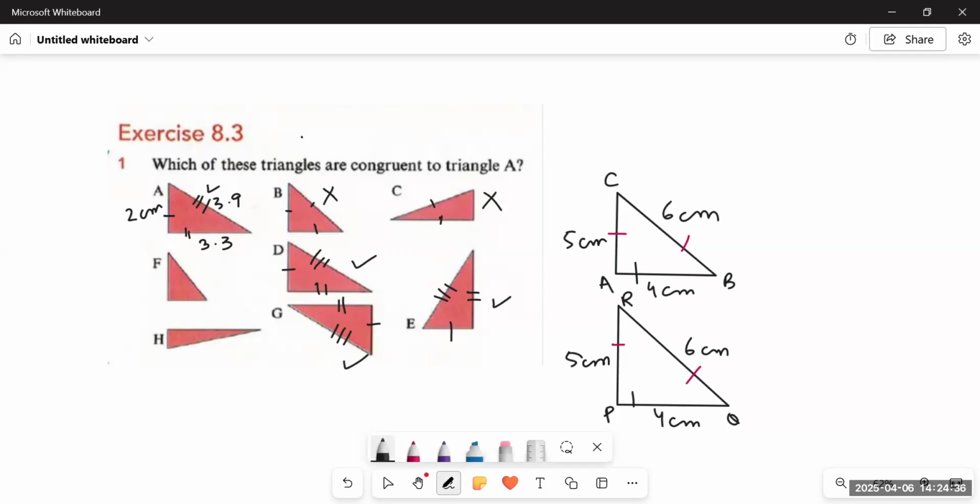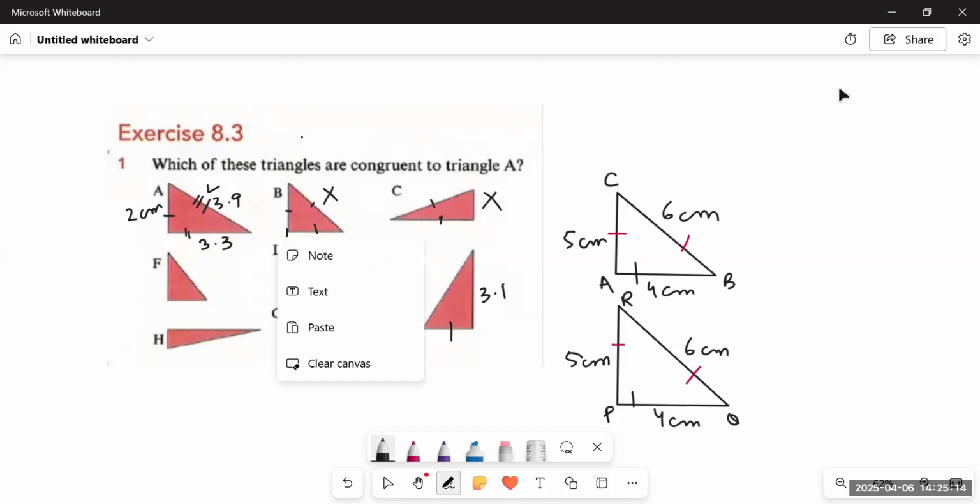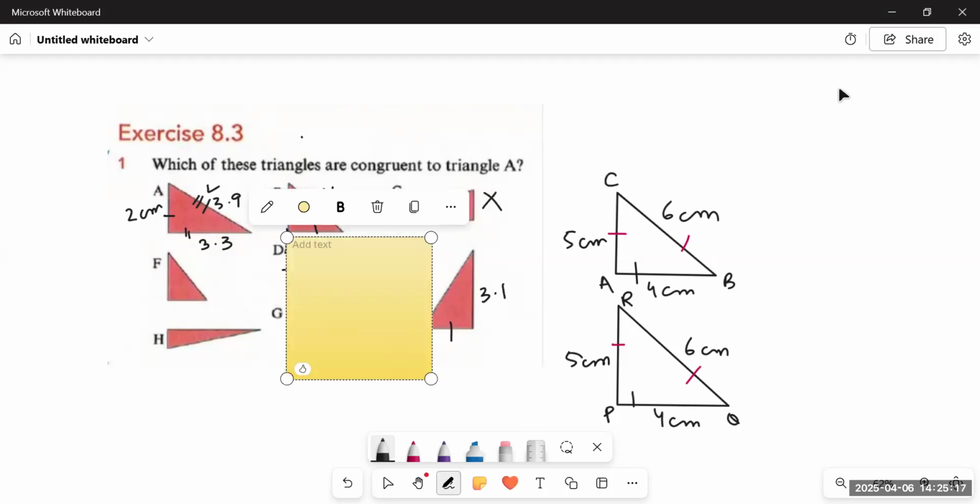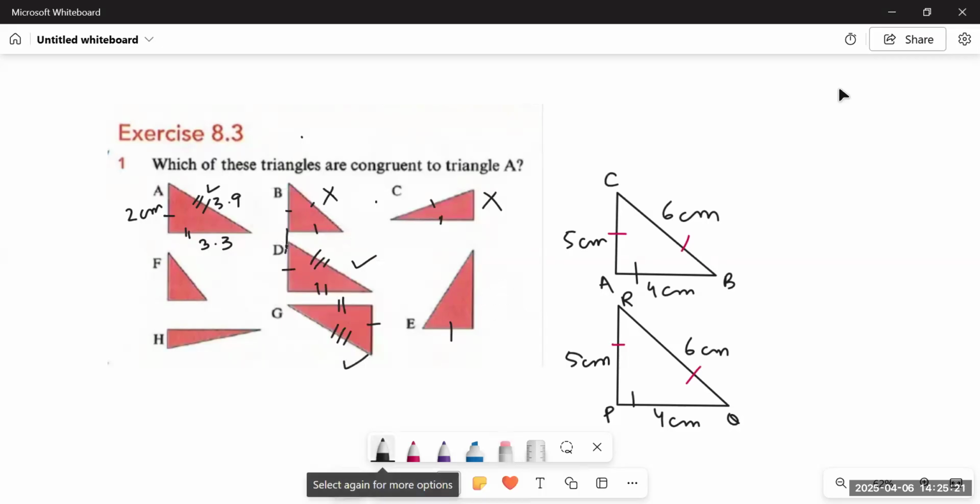Only one side corresponds to the others, but these sides are not as equal as we have exactly the same sides in D and G as A. So this one won't be congruent to figure A because this side is around 3.1 centimeters and this one is around 2.5 centimeters something.